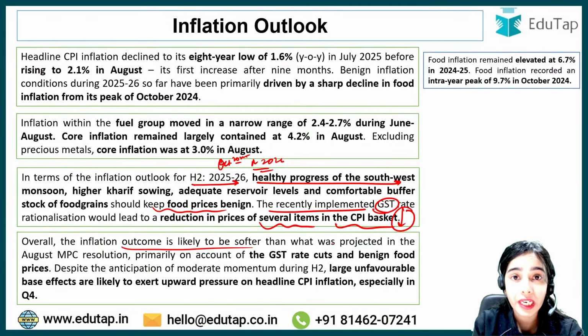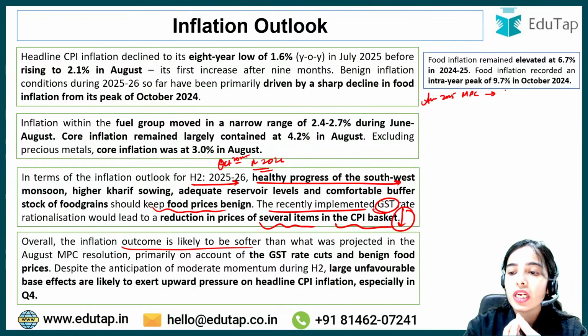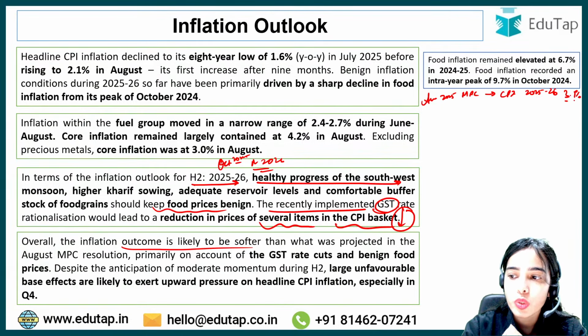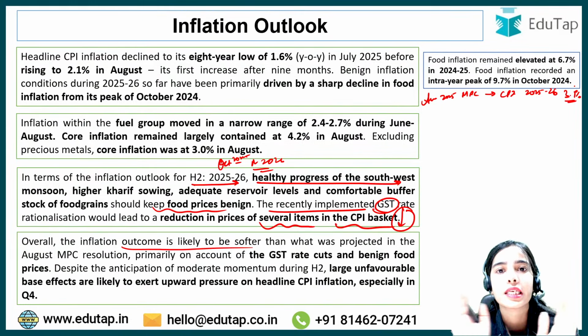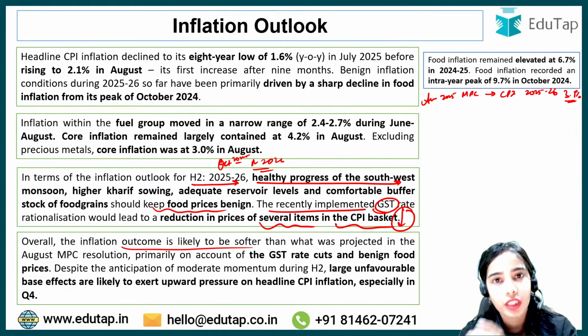In the August 2025 Monetary Policy Committee meeting, it was projected that the CPI inflation for 2025-26 is going to be 3.1%. Now it has been seen that food inflation is further declining.